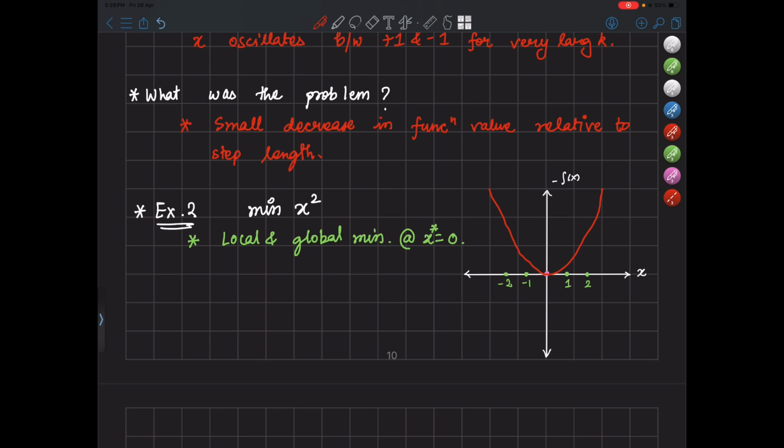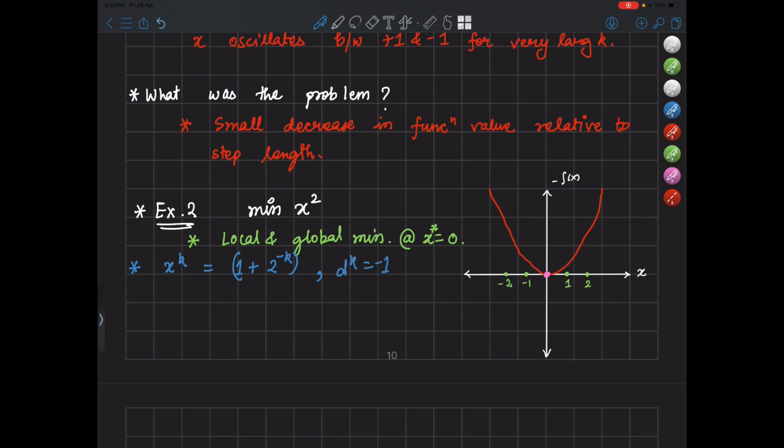Let's say this is the x squared, and the local and global minimum is again at x equal to 0. Now let's say the algorithm is given as xk is equal to 1 plus 2 to the power minus k, and dk is minus 1.